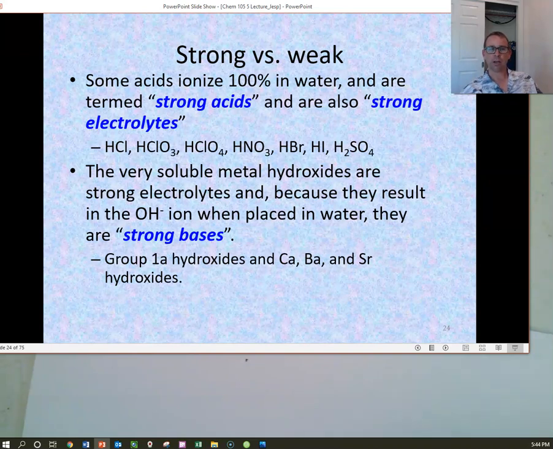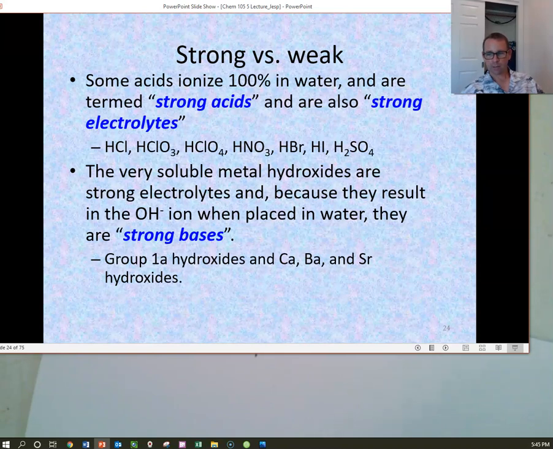Now, do you know the difference between a strong electrolyte and a weak electrolyte? It is the same. The strong electrolyte will dissociate 100%. The weak electrolyte will not. Therefore, a strong base is a chemical that dissociates to produce the hydroxide ion, and a weak base doesn't dissociate to produce the hydroxide ion.